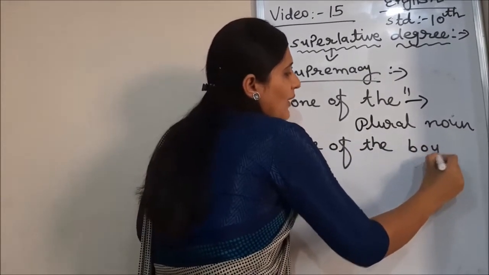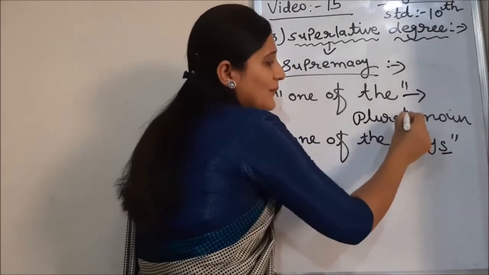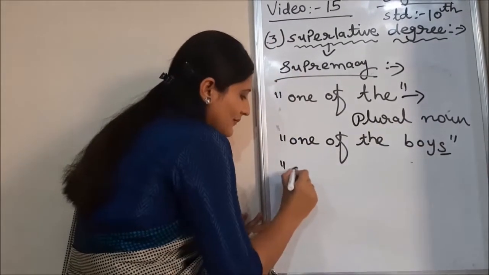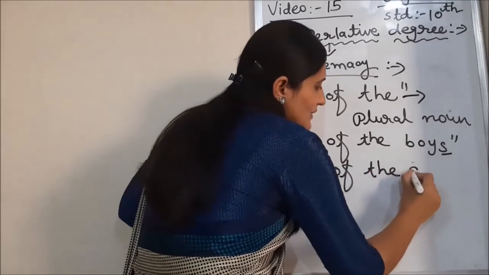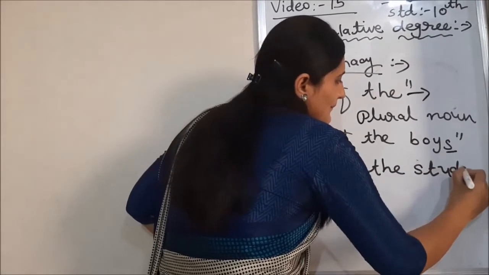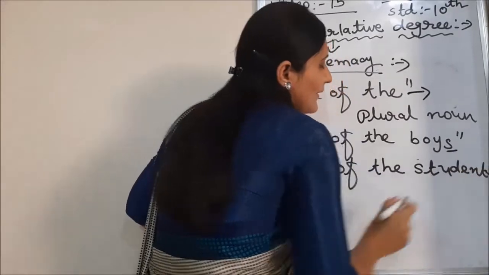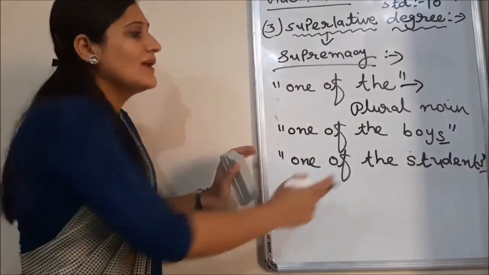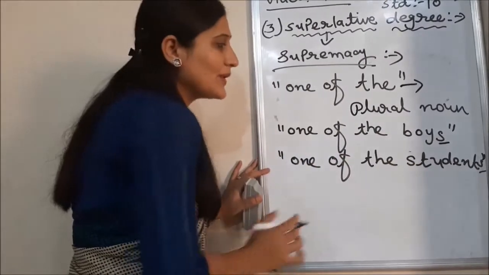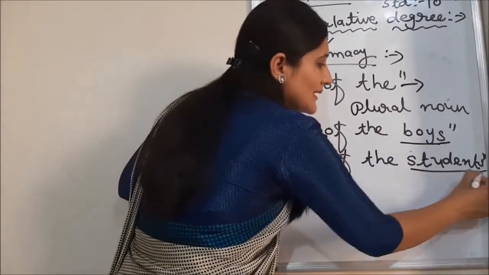See, in boys I am writing s, right? Plural noun. Second, one of the students. In both you can see s at the back. See, both nouns are plural. Boys, students, right?